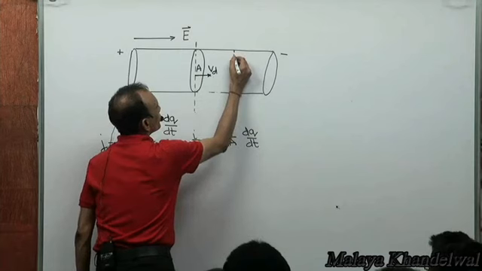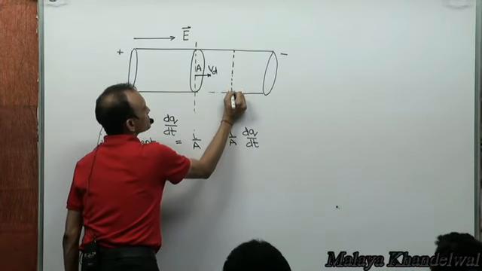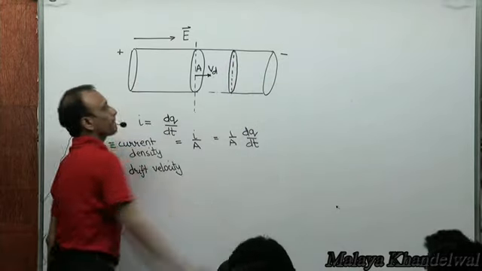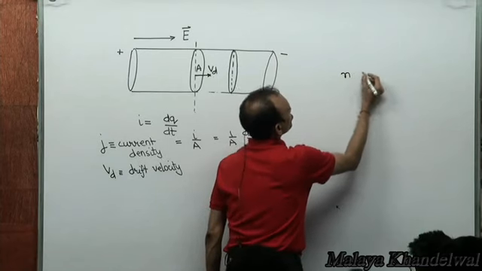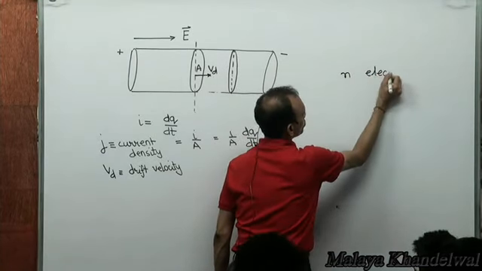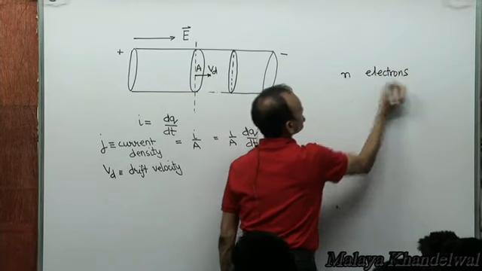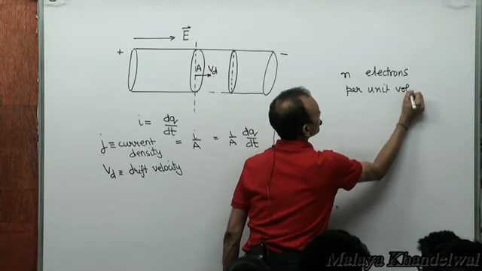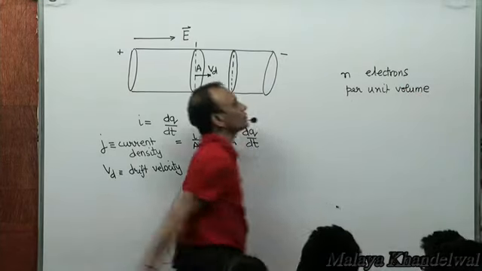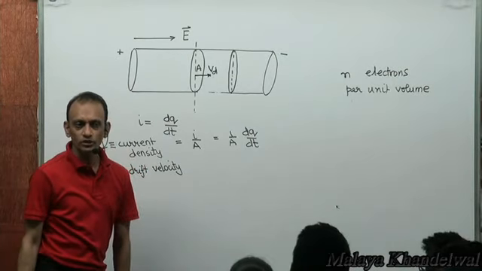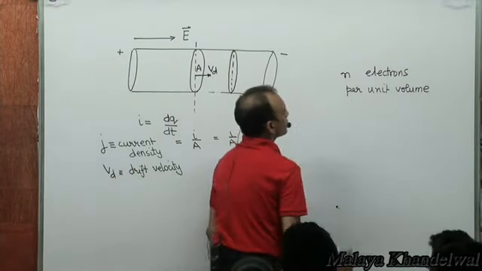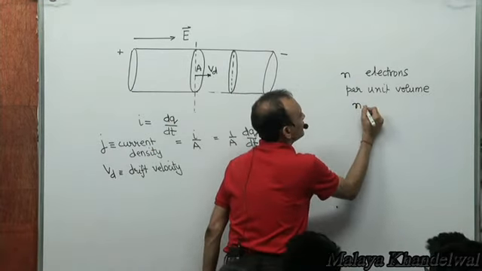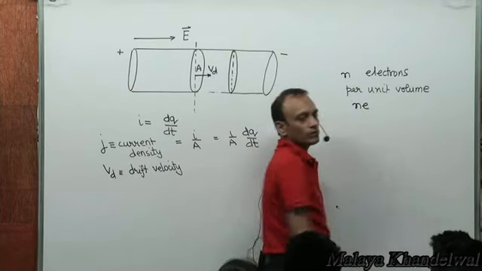Now, if this piece of matter had n electrons per unit volume on an average, electron density, n electrons per unit volume, then there would be a charge Ne per unit volume.